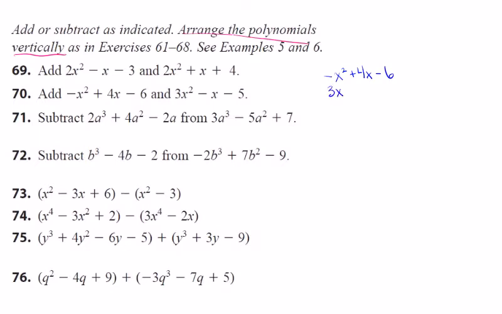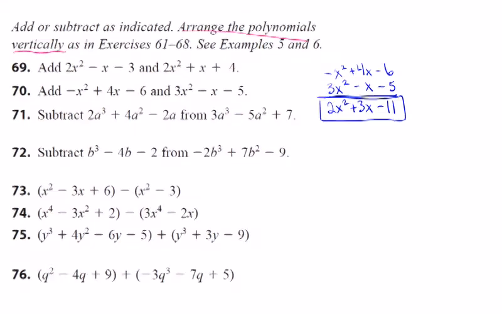So 3x squared minus x minus 5. Okay, and remember we're adding, so I'm just going to add vertically. So negative x squared plus 3x squared is, excuse me, positive 2x squared. Then we have 4x plus negative x, which is positive 3x. And then we have negative 6 plus negative 5, which is negative 11. So there it is.